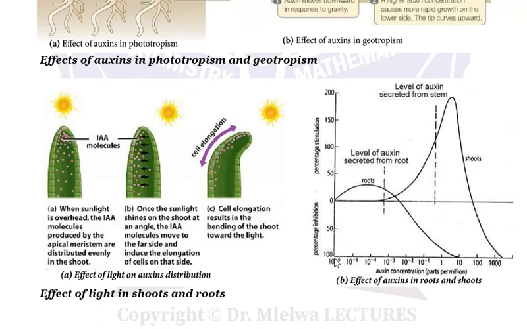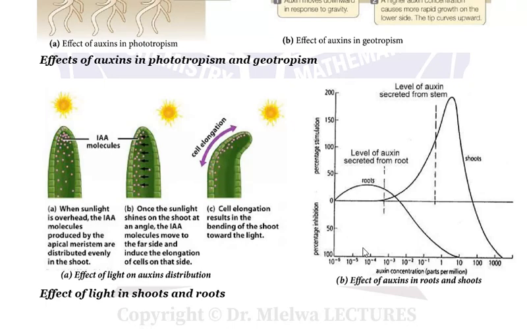At 10 power negative 6 concentration of auxin, it doesn't stimulate anything. And at 10 power negative 5 it starts to stimulate the root development, and at 10 power negative 4 it stimulates root development and elongation.